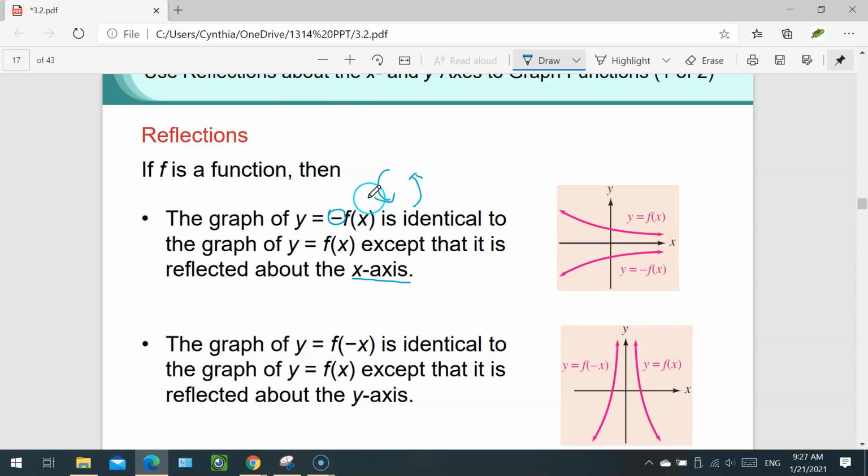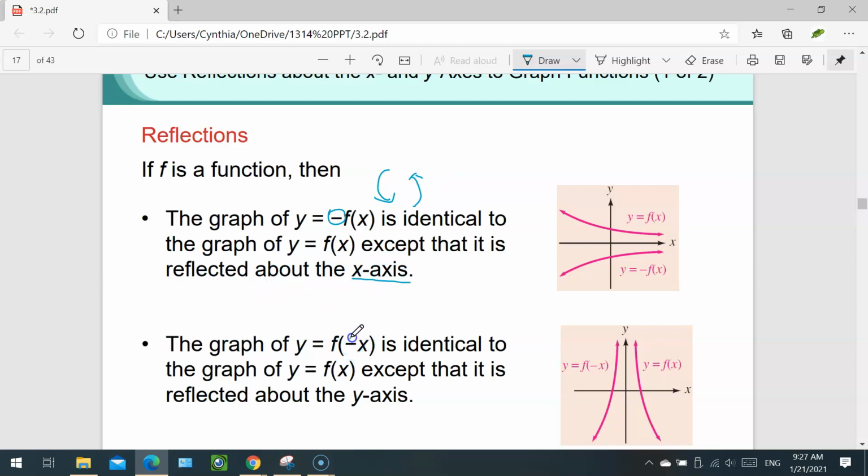When the negative sign is outside of the function, that means you deal with the reflection about the x-axis, which means upside down.